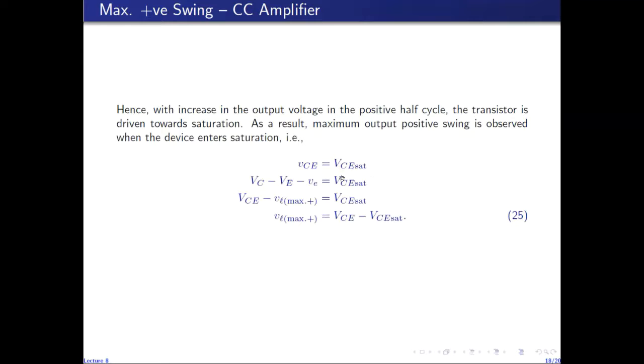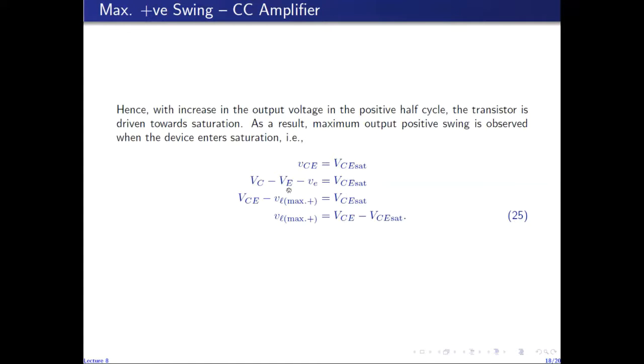When VCE drops down to VCE sat, then at that point the output voltage reaches its maximum positive peak value, and under this condition we denote the output voltage by VL maximum positive. So this is VL under this condition. So VCE is VC minus this VE.